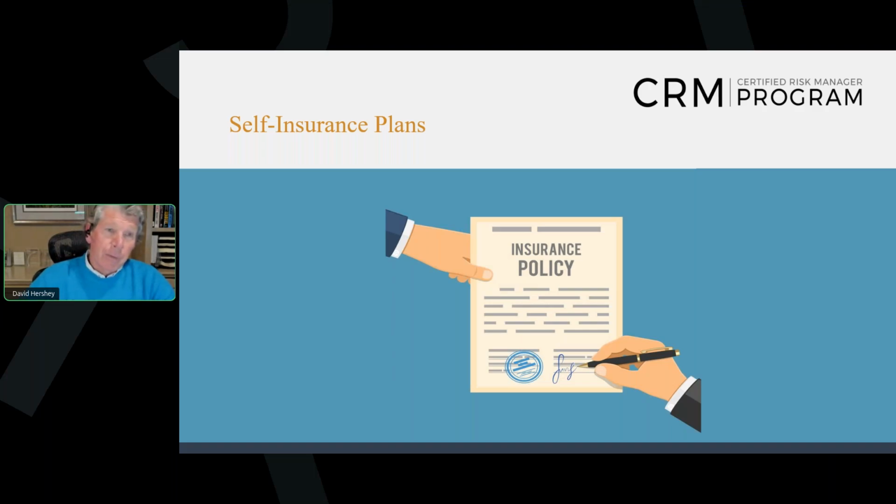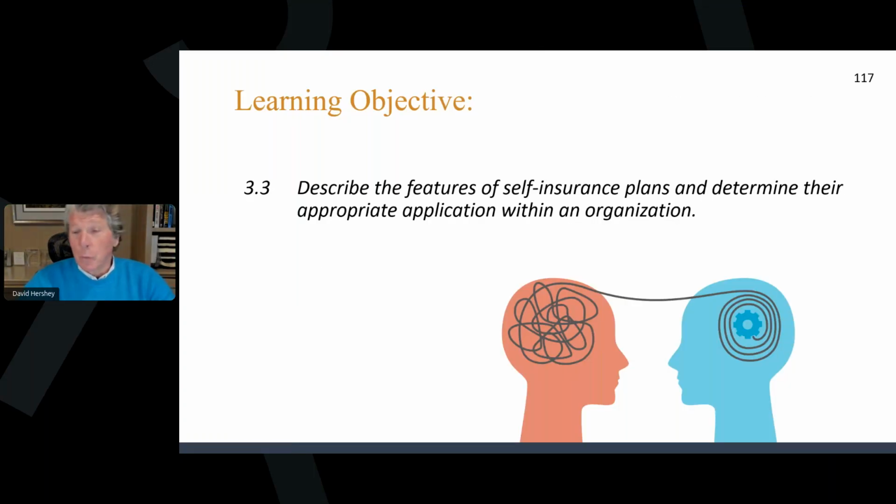So that being the case, what are our goals here? What do we want to learn? We want to describe the features of a self-insurance plan and determine their appropriate application within an organization. So, for example, does it make sense for me to be self-insured everywhere?